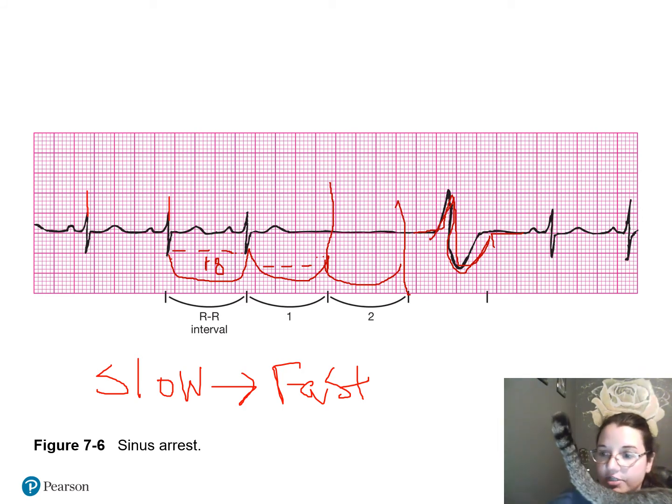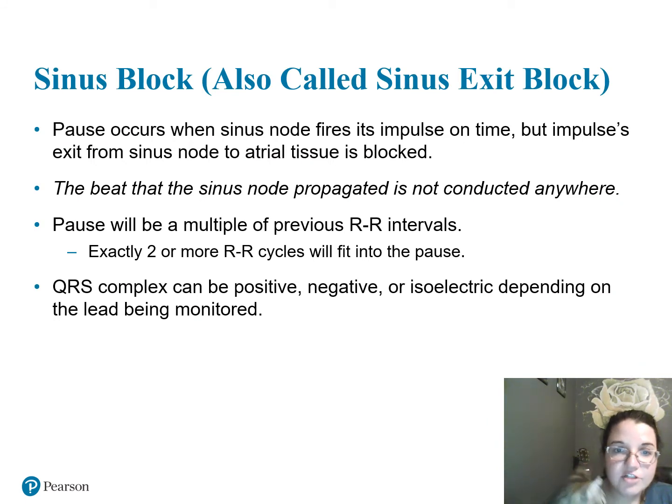And this is known as your... Now we have what's called your sinus block, and it is also called the sinus exit block. This is a pause that occurs when the sinus node fires its impulse on time, but the impulse exit from the sinus node to the atrial tissue is blocked.